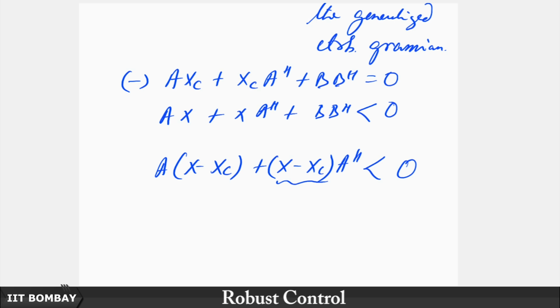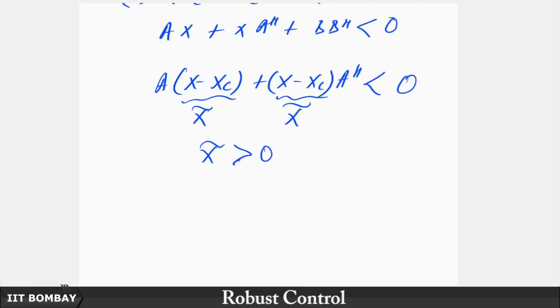So, if this overall thing is negative definite, then let us call this x tilde, this x tilde is greater than 0. That is because A is Hurwitz, right.